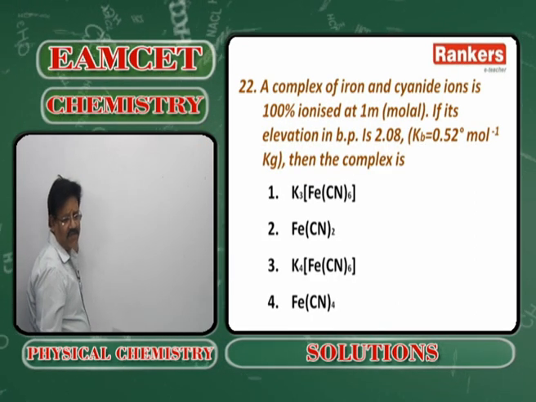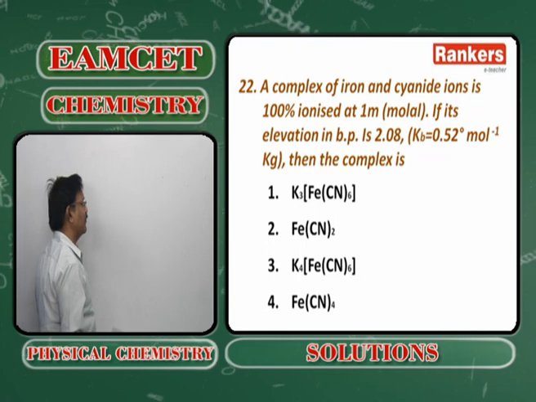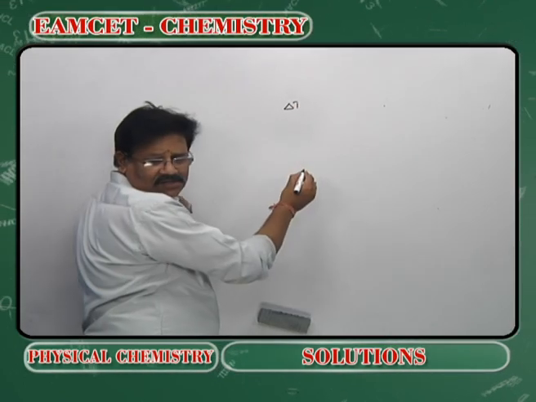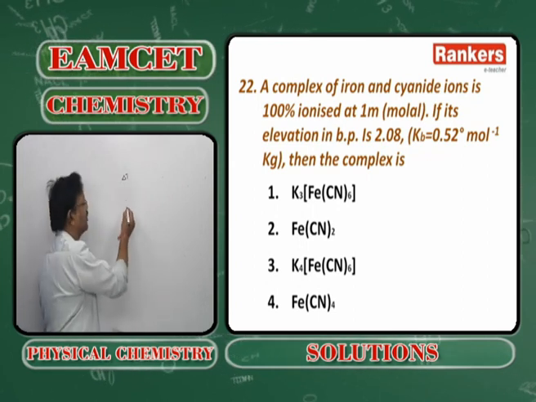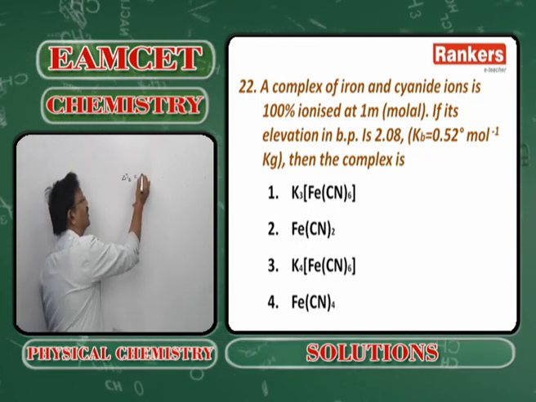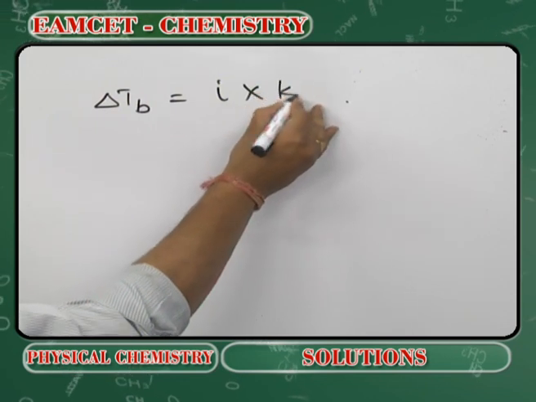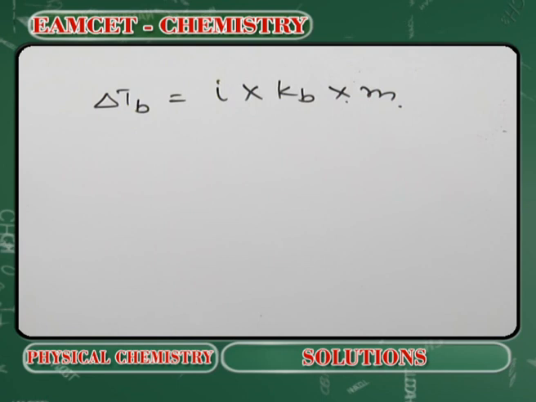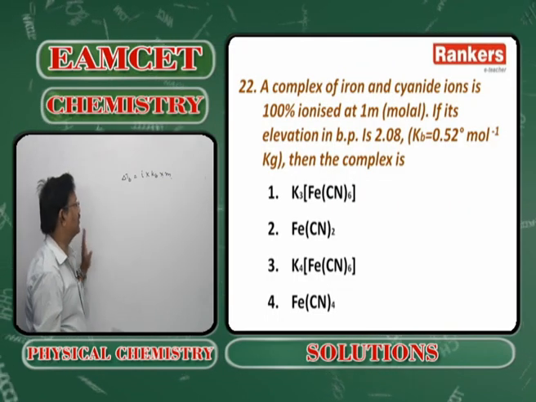What do we have to find? The i value. Delta TB is equal to i into Kb into m.